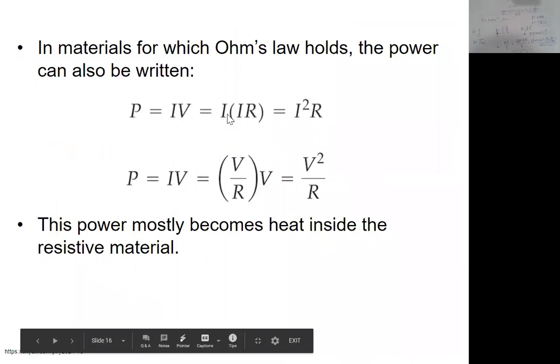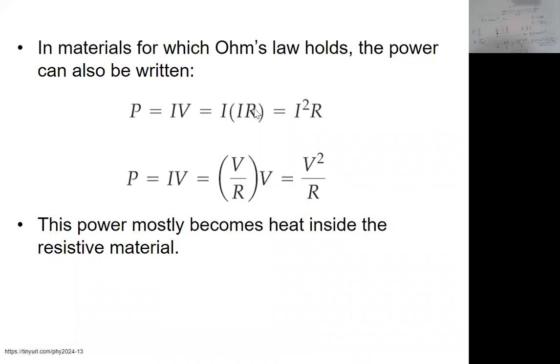Power is I times V. According to Ohm's law, V is equal to I times R. So power is equal to I squared times R. Or the other way around, you can write I as V over R, since Ohm's law says R is equal to V over I. Then power is equal to V squared over R. So if you know the current and the resistance, you can calculate the power: I squared times R. Or if you know the voltage across the resistor and its resistance, you can calculate power by V squared over R. The power consumed by a resistor pretty much becomes heat.